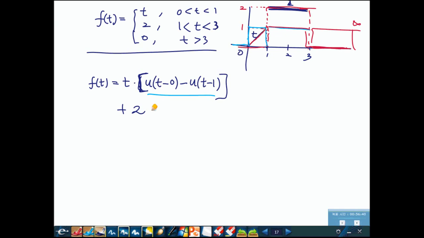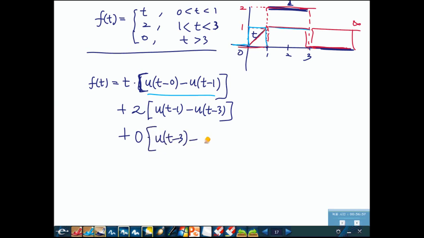The constant. 2 times u of t minus 1 minus u of t minus 3. Okay? And the last one is 0 times u of t minus 3 minus u of t minus infinity.